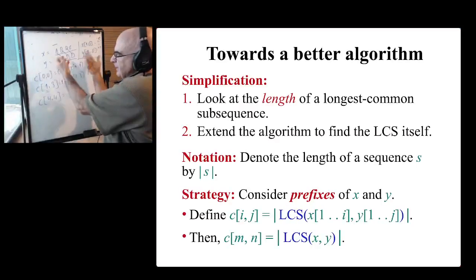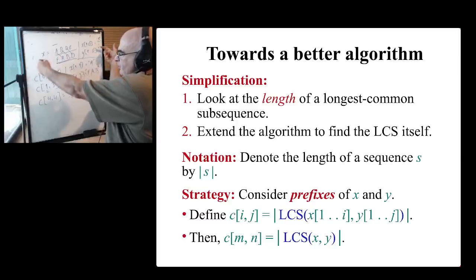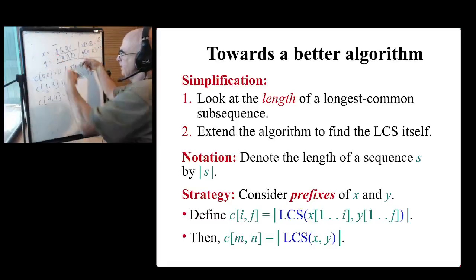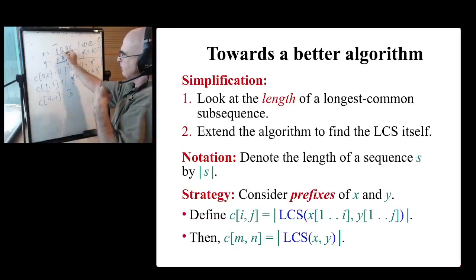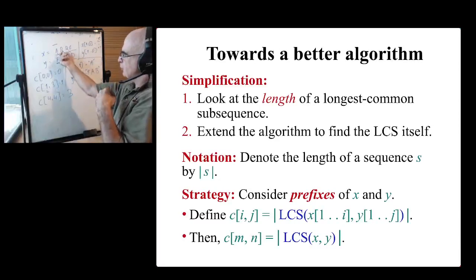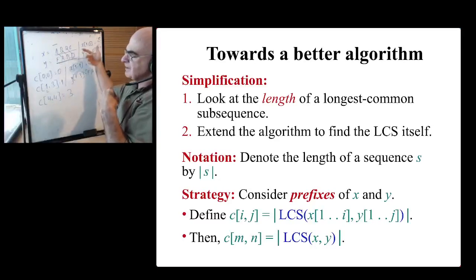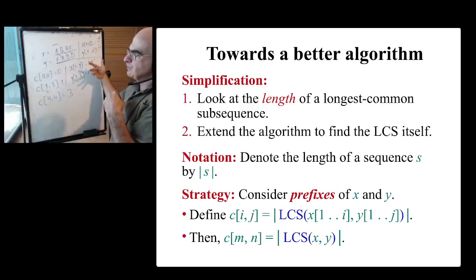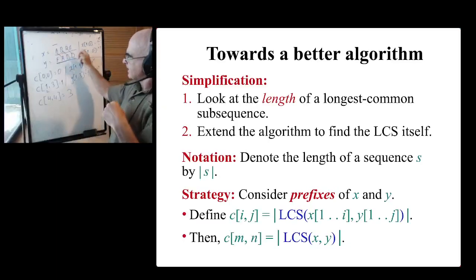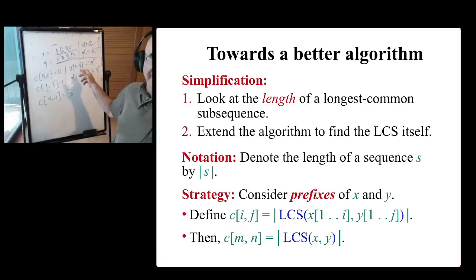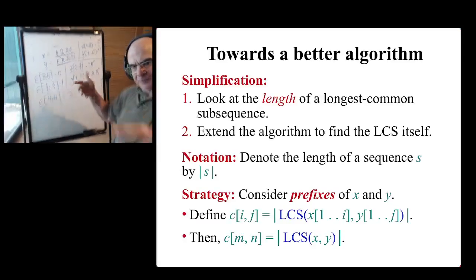The way we will get a solution to the larger problem of long X and long Y would start by computing the LCS of very short sequences and then let them grow somehow. You don't know exactly how to let them grow, so you'll have multiple options.